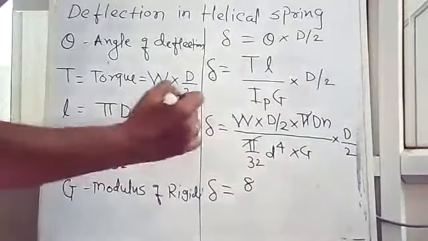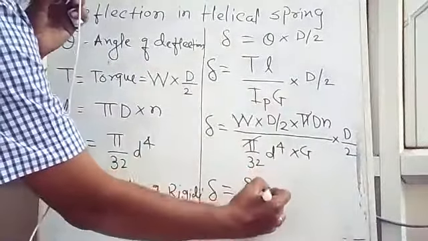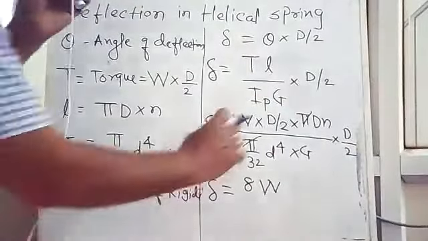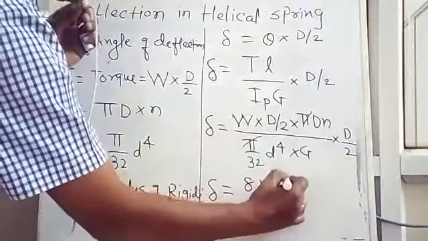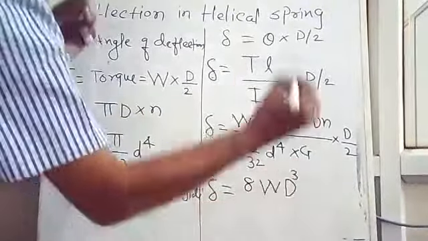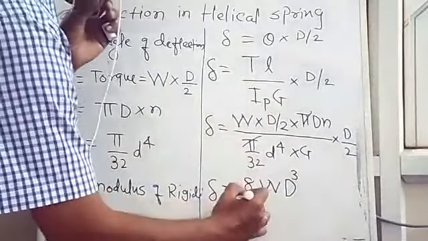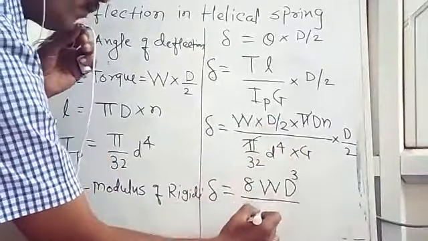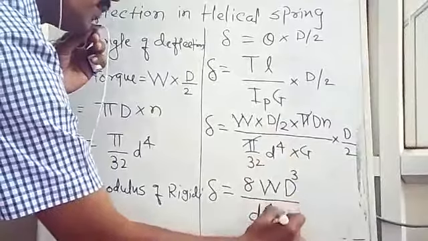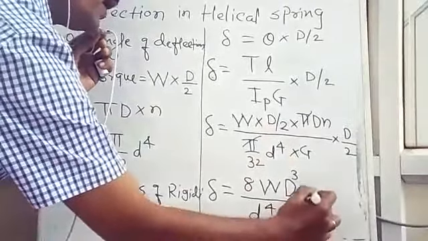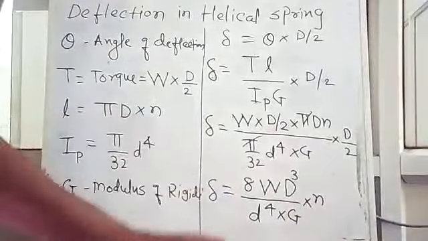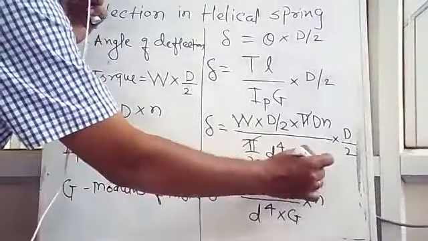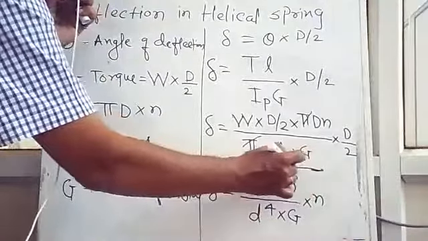Okay. Next to that, there is a W. Next here, there is a D and D. So it is D cube. Okay. Divided by d. Here there is a d to the power of 4. Multiply by G. Multiply by N number of turns. So this is the relationship. This is the final relationship that we are going to generally use as a deflection relationship for our spring.